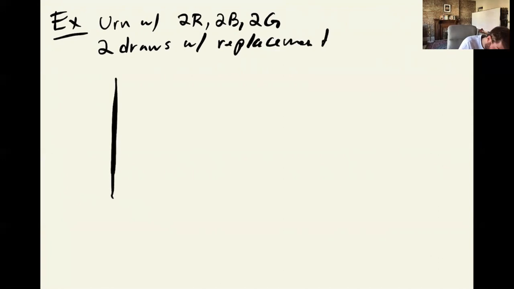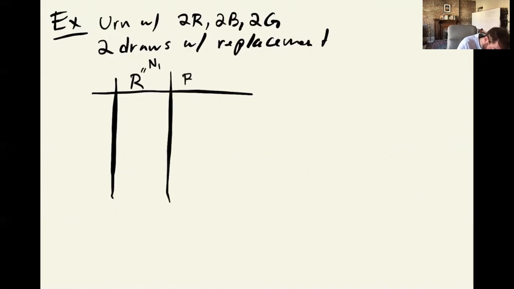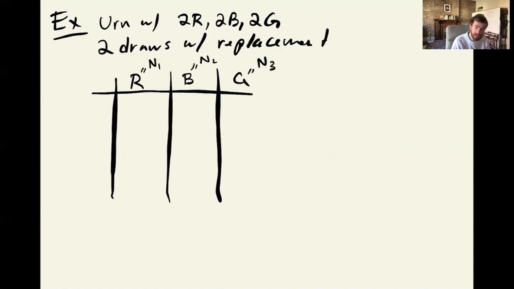Then I can just write down my table of the possible values for R, which maybe you want to think of as n sub 1, B, which is n sub 2, and G, which is n sub 3. This is just the number of balls of color red or blue or green when I do these 2 draws with replacement. And again, that's where this independence is crucial, because I just multiply through. It's also nice because I know that p1 equals p2 equals p3.